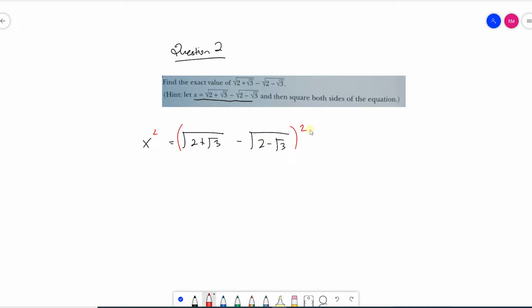And remember the expansion formula that I taught you in the previous video: a plus b, when you want to square it, we can expand it as a squared plus 2 times a times b plus b squared. So we're going to use the same concept right now, where we're going to assume this as a and everything else on this side as b.